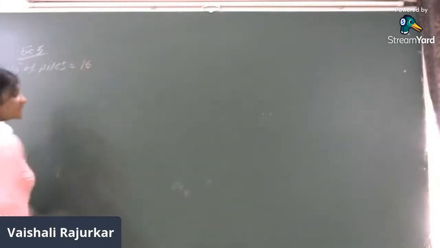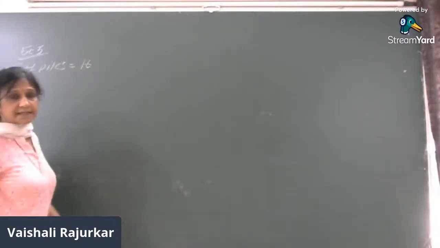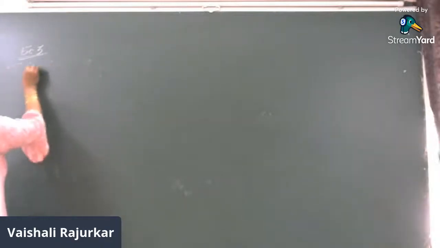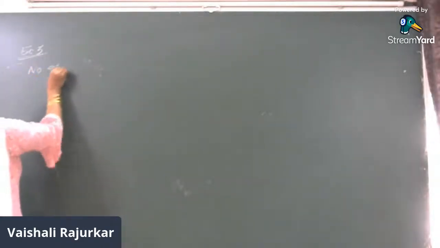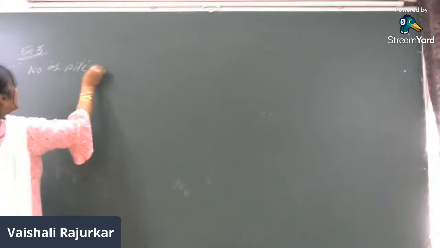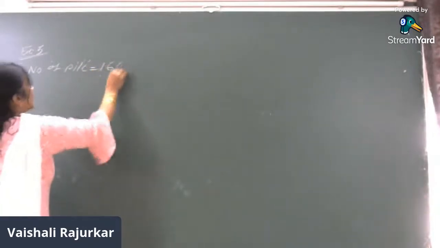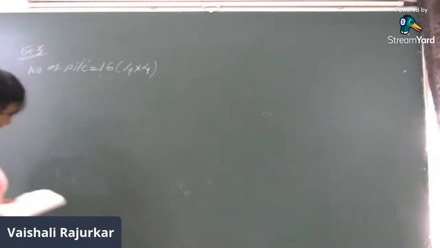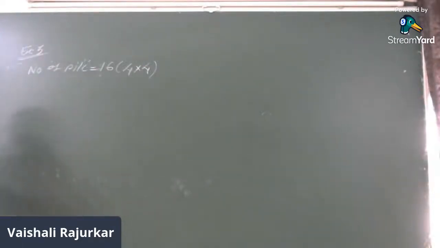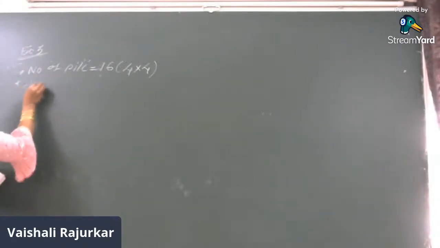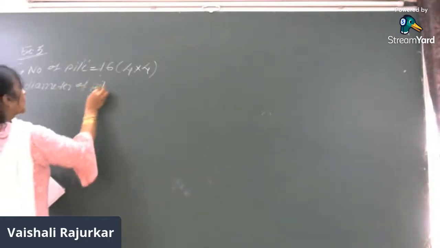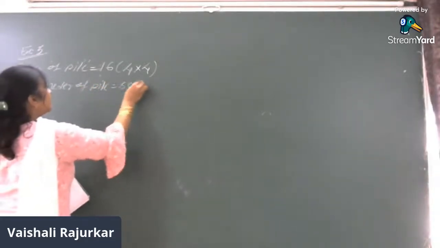If it is 16 pipes, it means these are inserted in a group of square pattern, 4 by 4 matrix. Then the diameter of the pipe is 600 mm.